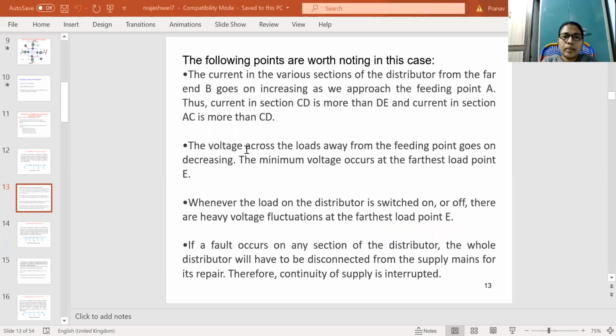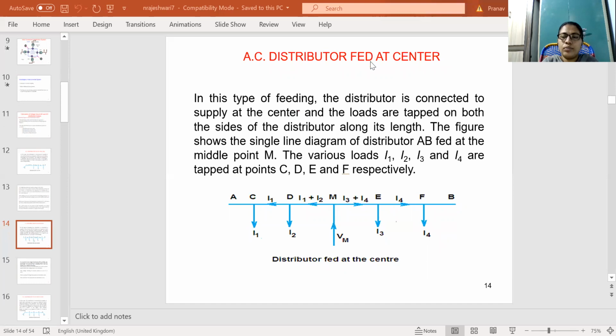So in the second type, the AC distributor is fed at the center, at point M. These are two distributors, A to M and M to B. These are the loads: I1 at C, I2 at D, I3 at E and I4 at F. In this type of feeding, the distributor is connected to the supply at the center, and the loads are tapped on both sides of the distributor along its length.